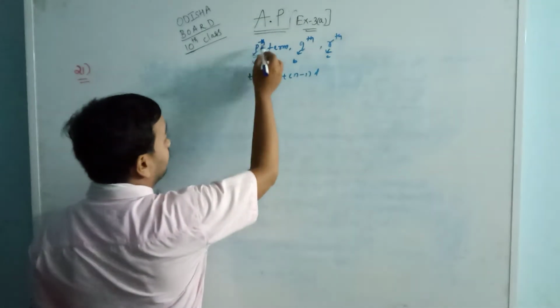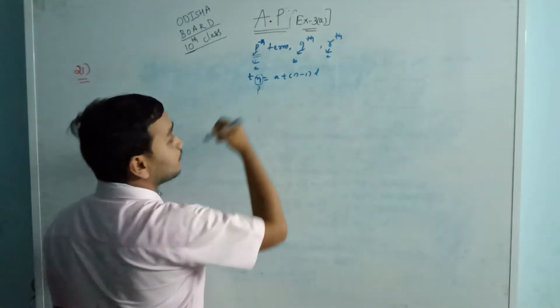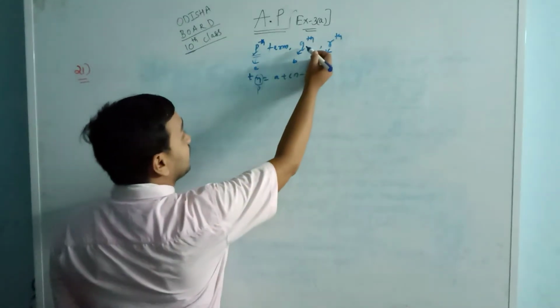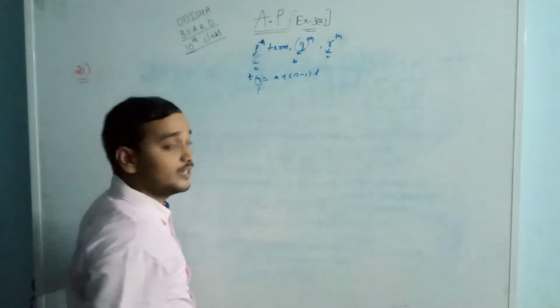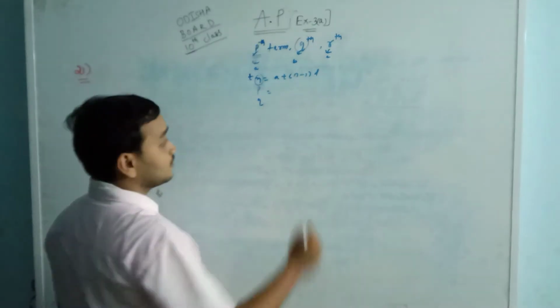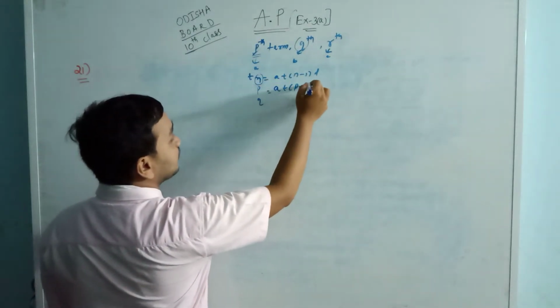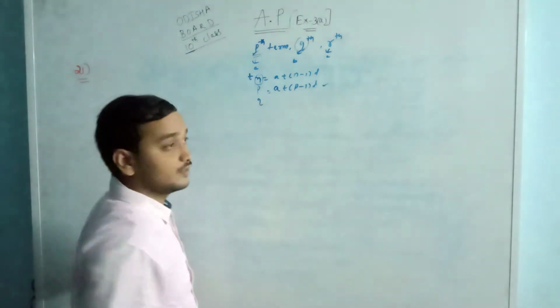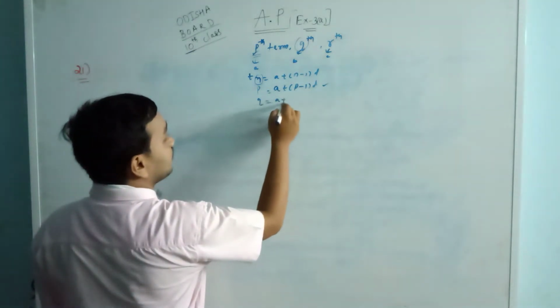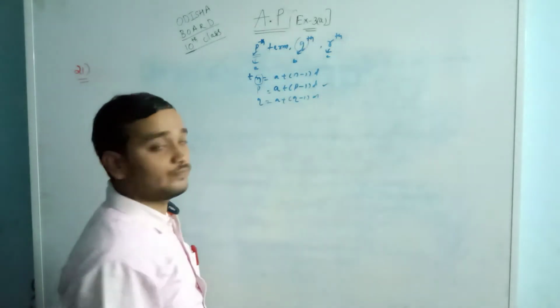But here the term is the pth term, so replace n with p. Then for the qth term, again replace n with q, so the formula becomes a plus (q minus 1)d. Accordingly we will find the series.